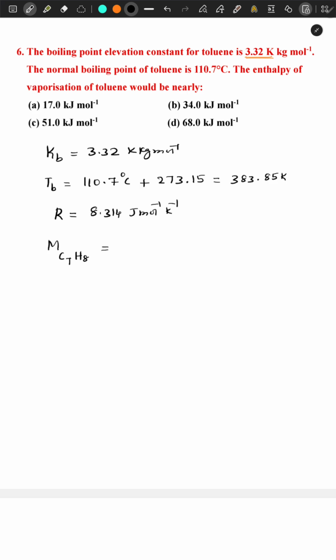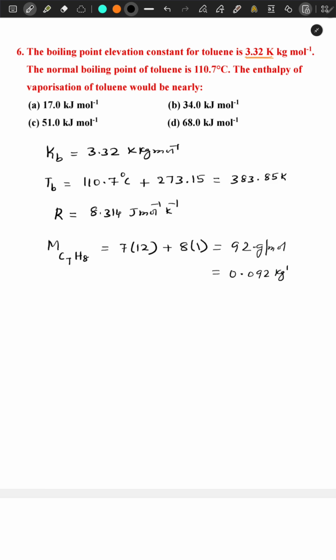So the molecular mass, if you calculate, is 7 times carbon atomic mass 12, plus 8 times hydrogen atomic mass 1. So totally you will get approximately 92.1, 92 actually, 92 gram per mole. But you observe the options, they are all in kilo, so you have to convert into kg.